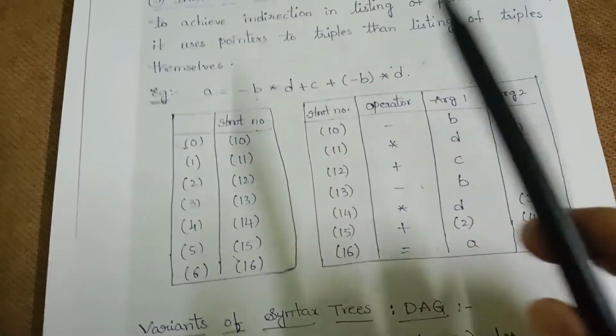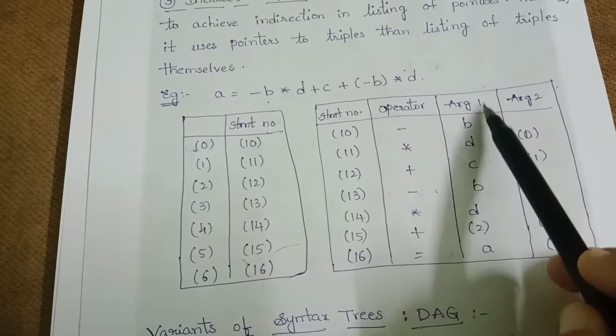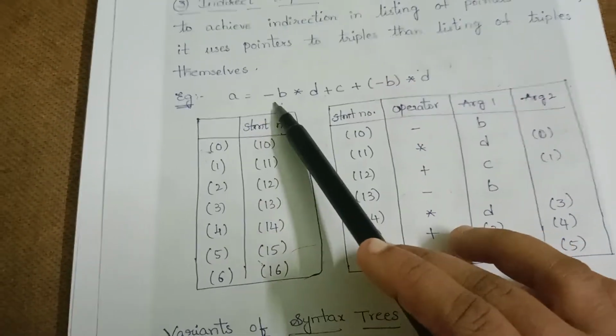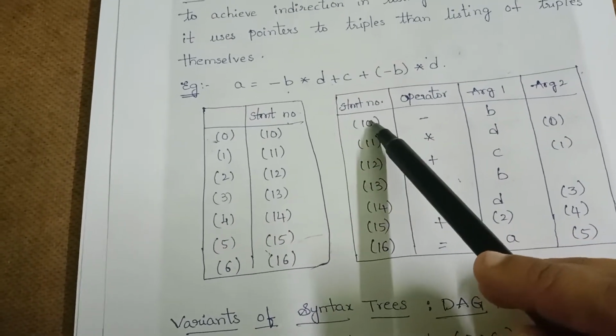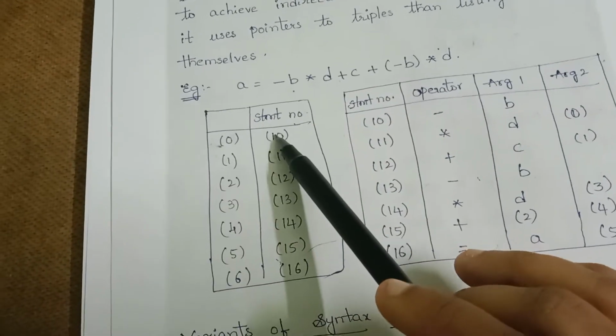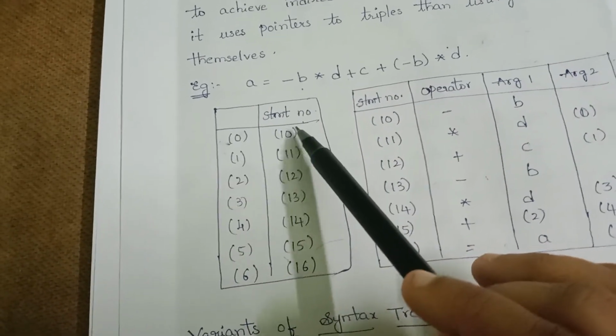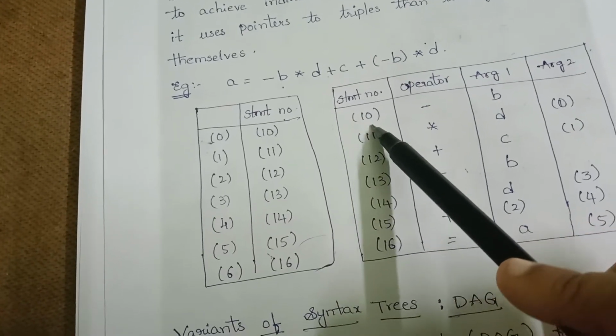So here first consider the argument 1. So the argument 1 is B and the operator is minus. So that is nothing but the serial number 0 we are supposed to start. So 0 is alternatively given indirectly the value as 10. That is the reason we have used the value 10.